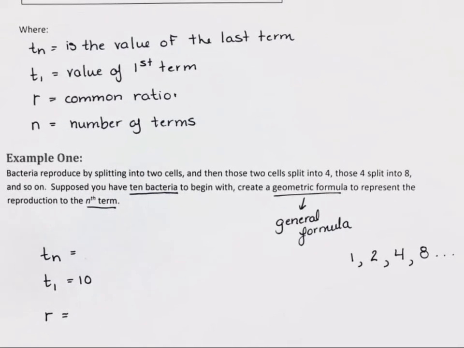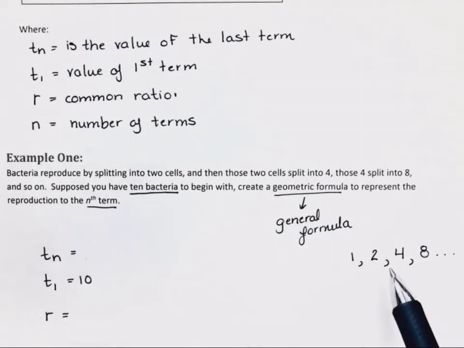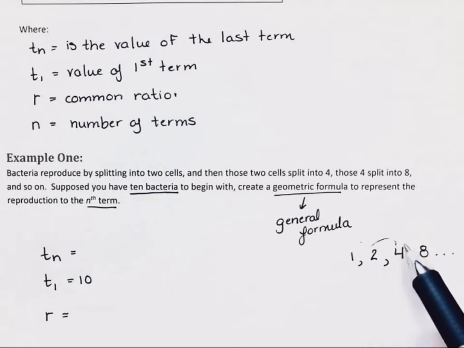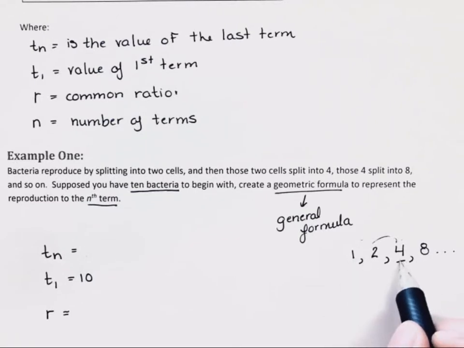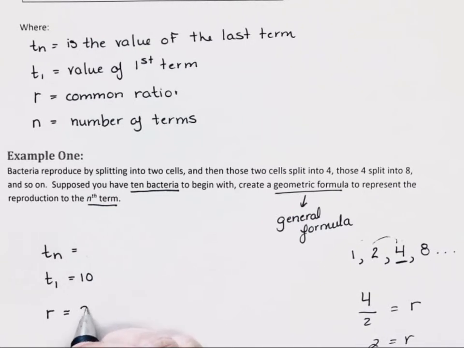So the common ratio, it's pretty obvious what's happening. We're multiplying by 2, but if I wanted to actually figure it out, take any term except for the first one. I'm going to take 4, and divide it by the term before it, 2. That gives me my common ratio. So 2 is my common ratio.